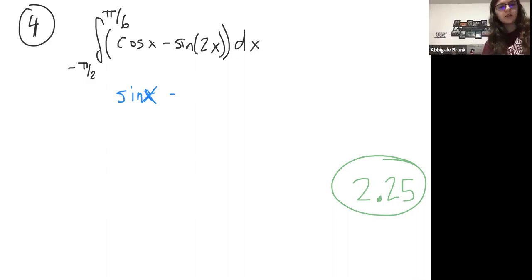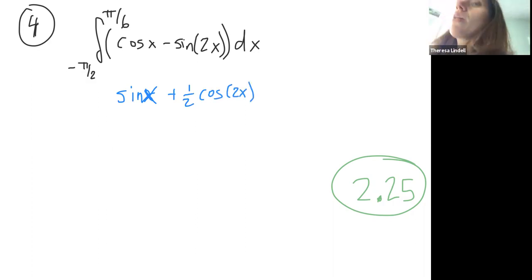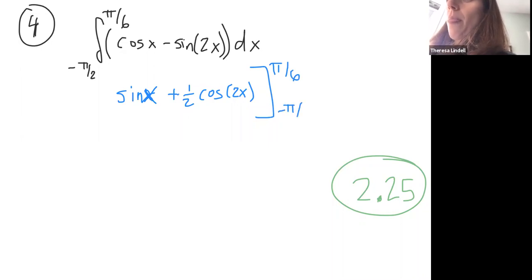Positive, or 1/2 cosine 2x. Yeah, nice. Because that would go negative when we take the derivative. We got 1/2. So then we go from pi over 6 to negative pi over 2.